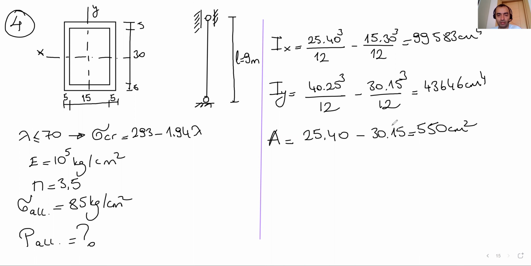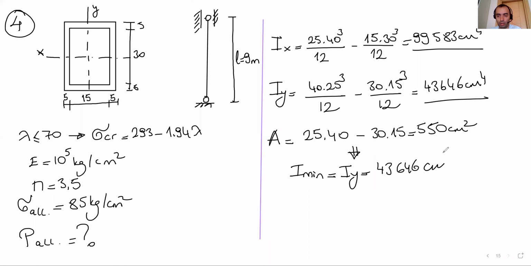These are all about the sectional properties. So from here, we need to get the minimum I, which is Iy, as you can see here when you compare this one and this one. Yes. So the radius of gyration is here.